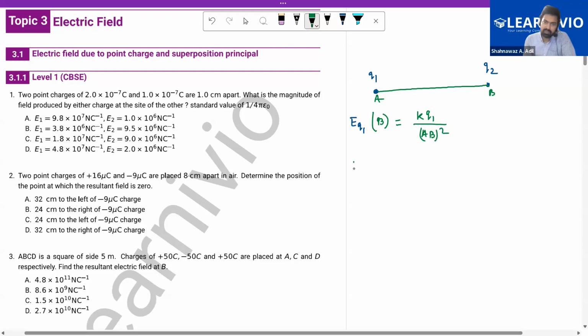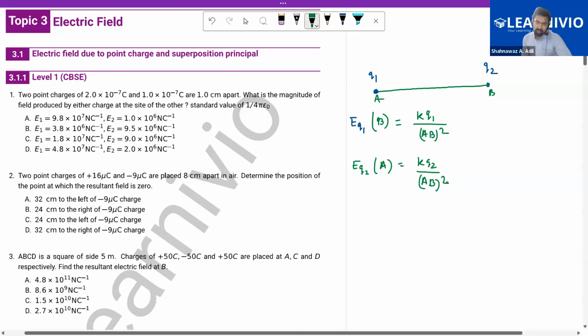Similarly, if we calculate the electric field of Q2 at point A, this is the source charge and we are calculating at this point, so this would be simply K Q2 divided by AB square.